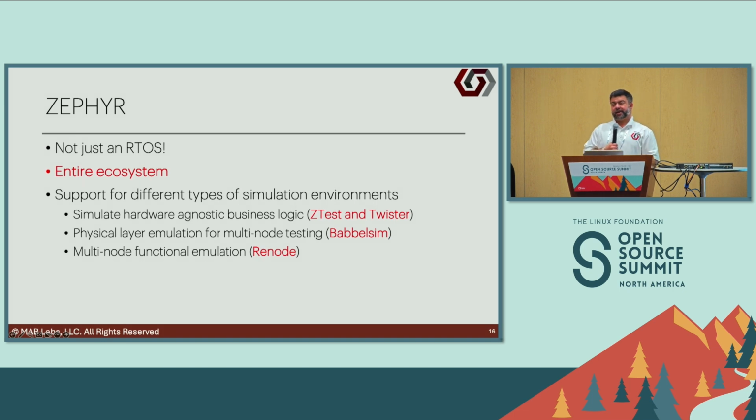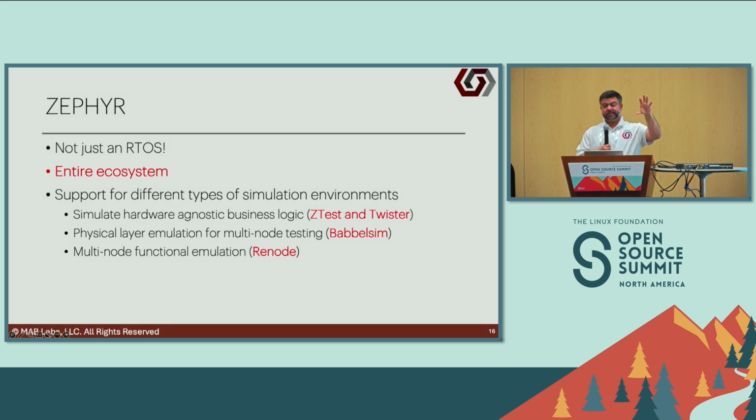Along those lines, of it being an entire ecosystem, it has inherent support for different types of simulation and emulation environments. One of the big things that I like to use in all my projects is its support for hardware-agnostic testing, right? What Z-test and Twister encourage is that you can decouple your business logic from the application logic that sits on top of the actual drivers themselves.